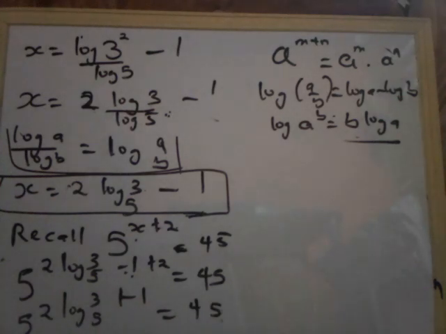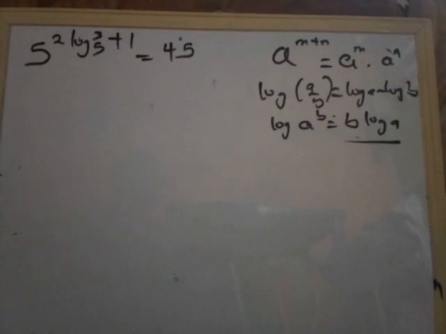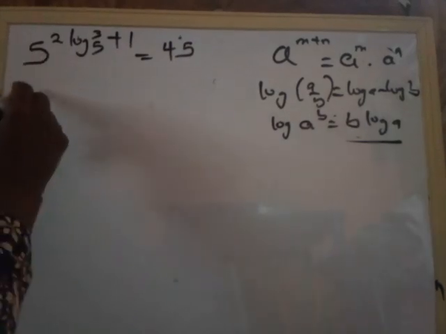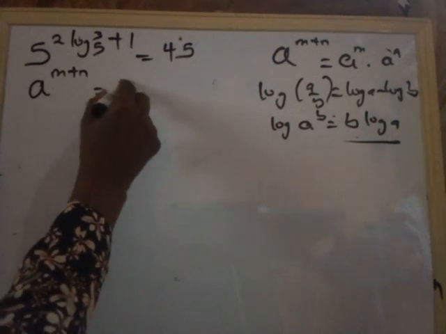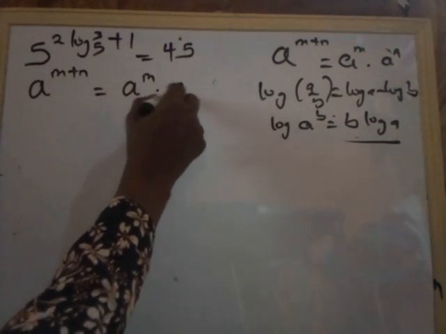All right, now we are going to apply the law of indices here. When you have a raised to the power m plus n, it can also be written as a raised to the power m multiplied by a raised to the power n.